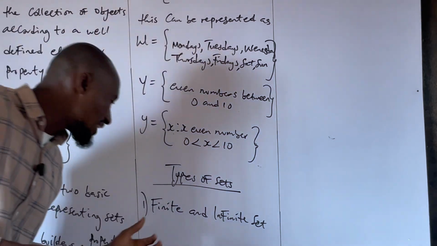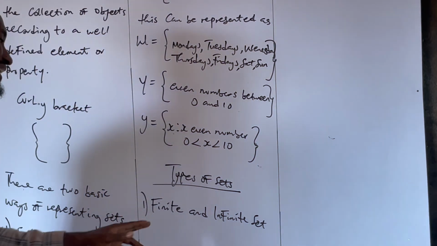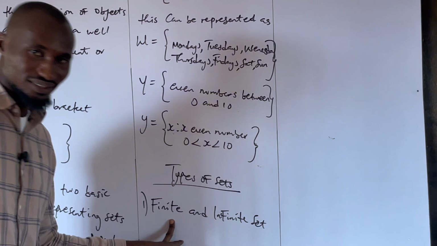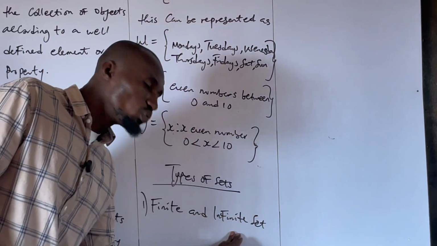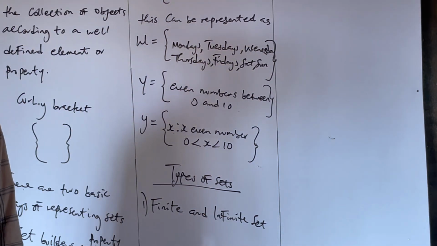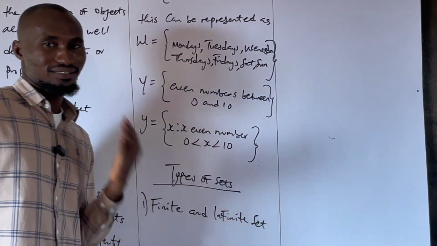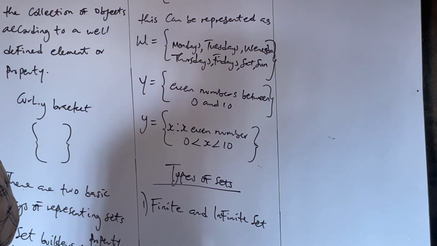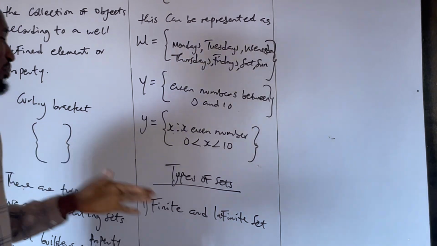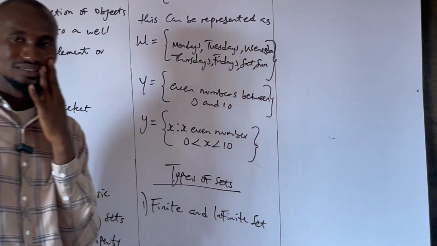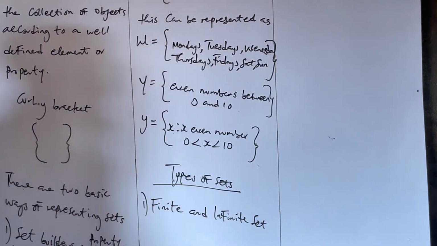Now, what I want you to understand here is this. This one is definite, but this one is what? Indefinite. Do you understand now? This describes a definite set, but this describes an indefinite set. What do I mean?